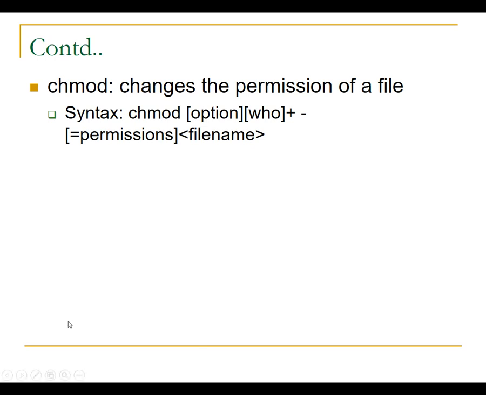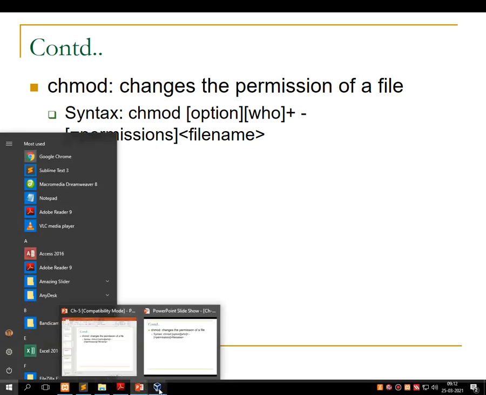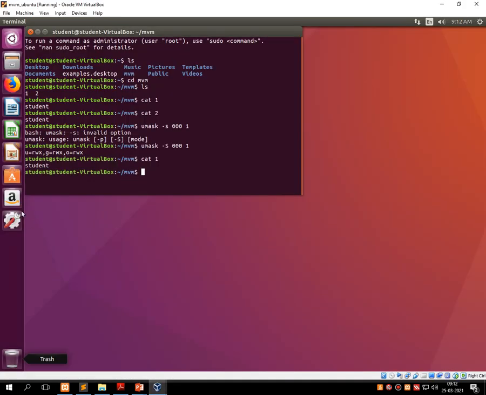That means using the chmod command, any user can change permissions of read, write and append, as given on this screen: u equals rwx, g equals rwx and o equals rwx. These are the three different types of permission for reading, writing and appending the file.